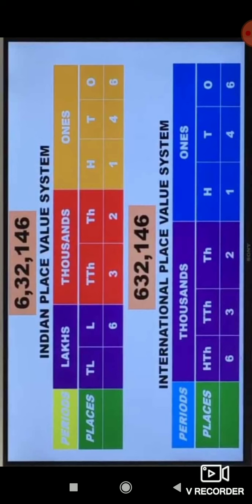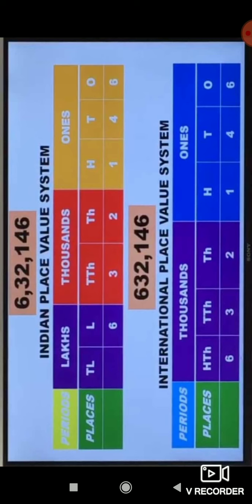In the Indian place value system, the first 3 digits from the right form one group, that is the ones group: 6 in the ones, 4 in the tens, 1 in the hundreds place. So 146 forms the ones group, and then the thousands group.